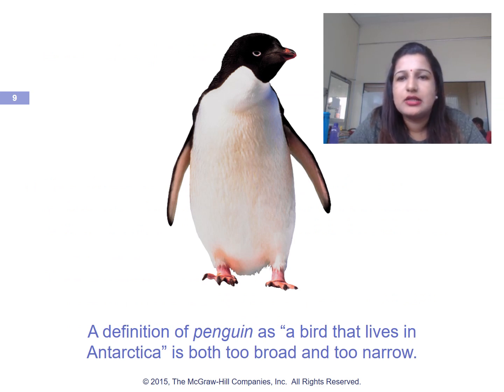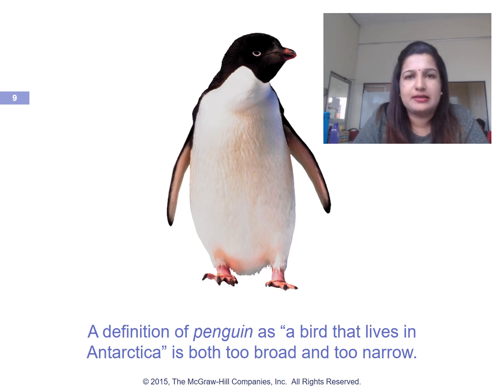Okay, let's take a look at this. If you take a look at the picture, it's a penguin. So if someone asks you to define a penguin, and you say a bird that lives in Antarctica, it's both too broad and too narrow. Why? Too broad in the sense that there could be other birds living in Antarctica.